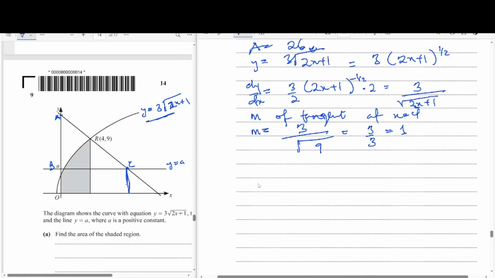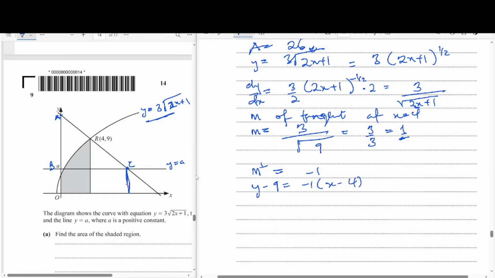And since the line is normal to the curve at R, we need to find the perpendicular gradient. For perpendicular gradients, we find the negative reciprocal of 1, and that is negative 1. We know the gradient of the line that passes through R and we have a point at R, so we can easily find the equation of that line. So y minus y1, which is 9, is equal to m, negative 1, times x minus x1, which is 4.